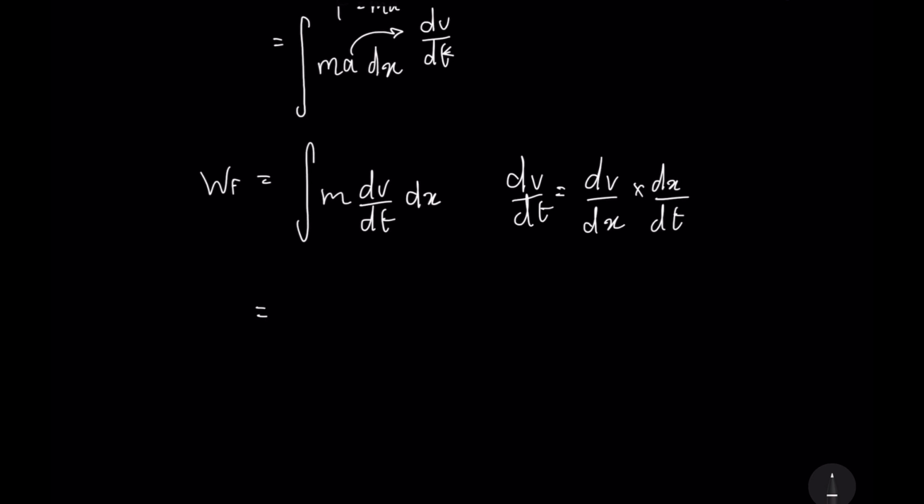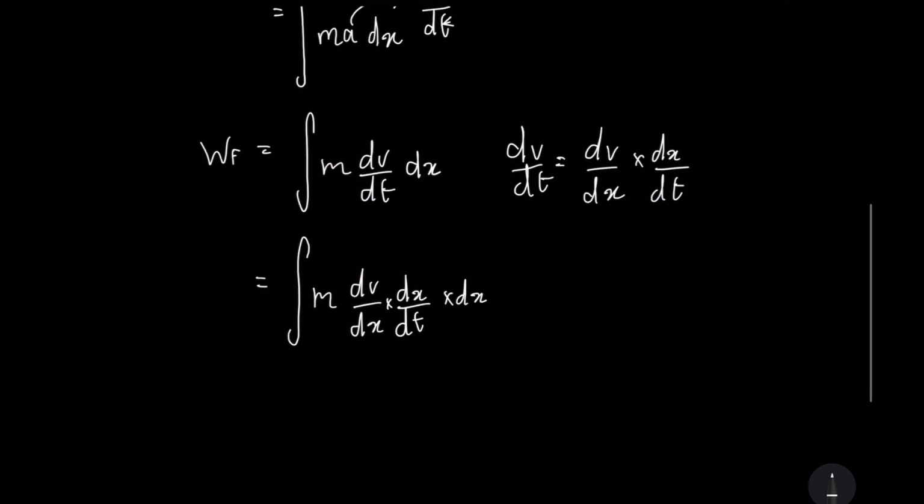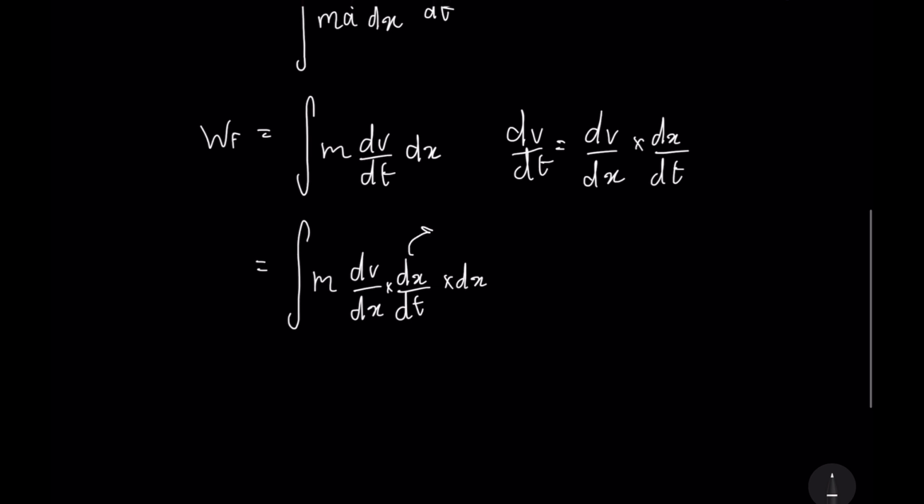And if we input that, we get the integral of m into dv by dx into dx by dt into dx. Now we can see that dx by dt, if you have noticed, will just be v at that instant. And you can see that dx here and dx here cancel out. So what you're left with is the integral of mv dv.